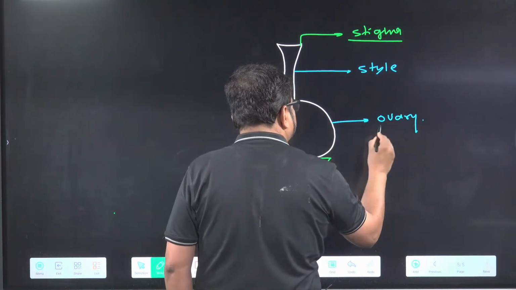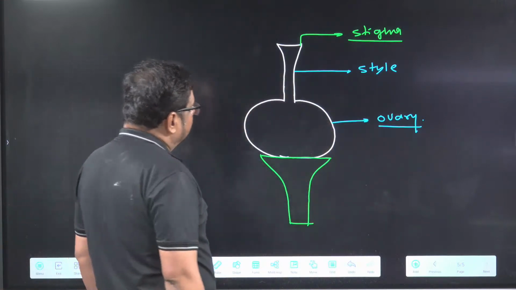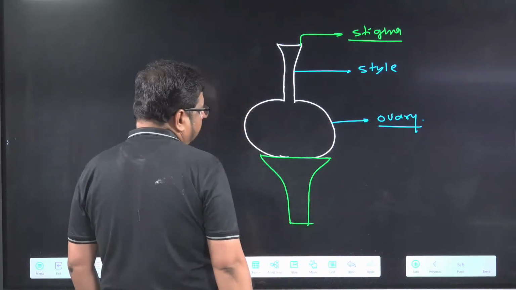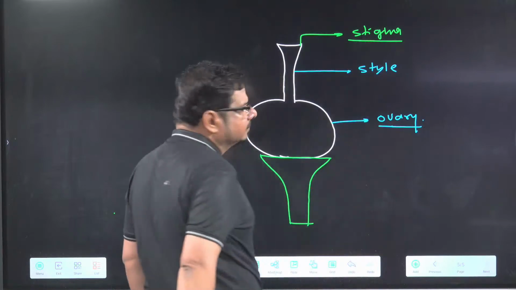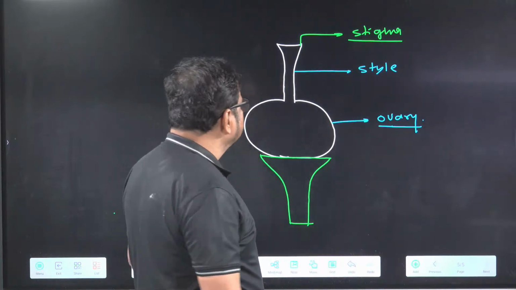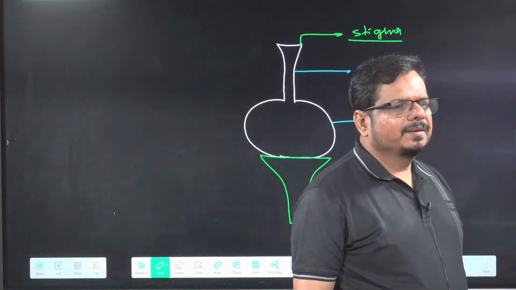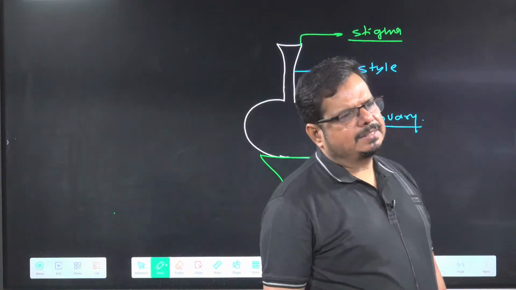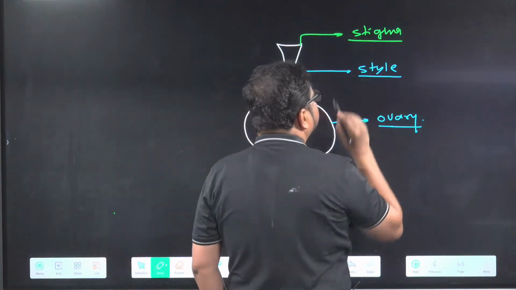Everybody knows this from 9th class onward or 7th class onward. So these are stigma, style and ovary. These are the three components of a carpel or pistil.